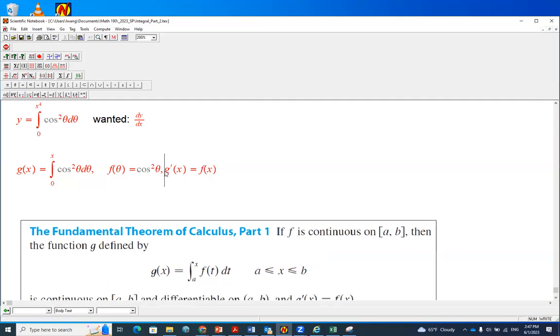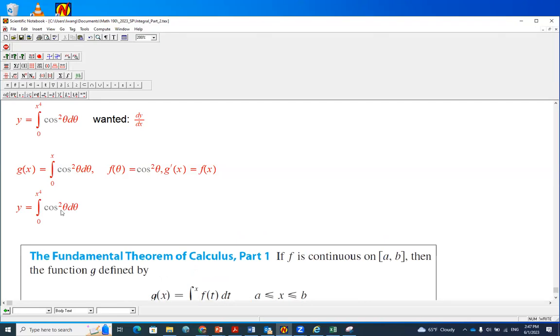So we have all of this prepared. Now, what do we want? We want to find the derivative of this piece. And what is y? Under these assumptions, y is G of x to the power of 4, and we want to find the derivative of it.